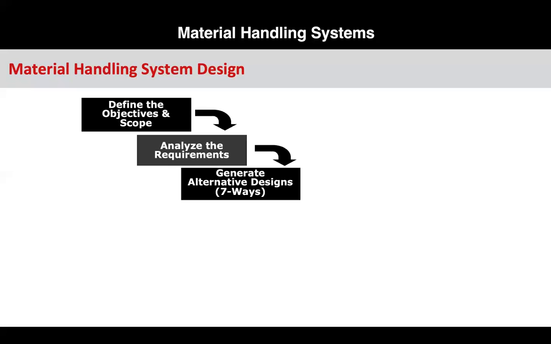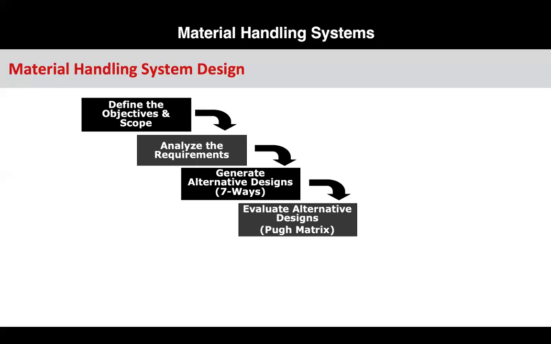The thing used in the industry that I find very useful, it's very popular, is a process called the 7 ways. And I'll introduce you to that shortly, if you don't already know it. Then after you get the 7 designs, you want to evaluate or score them, and that's when the Pugh matrix comes in, to decide which design works best.